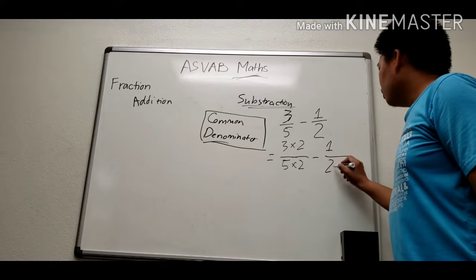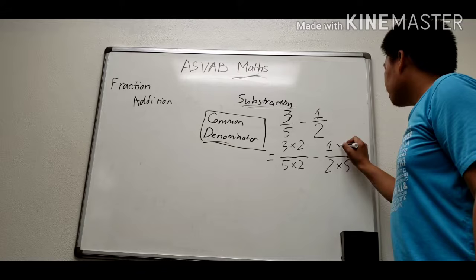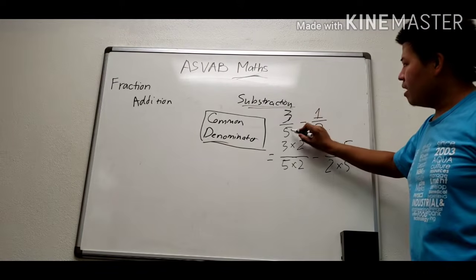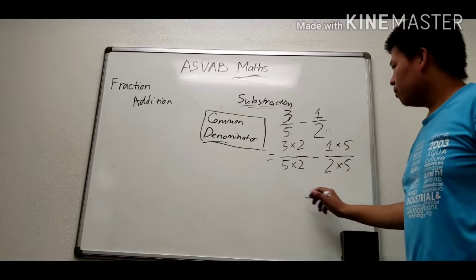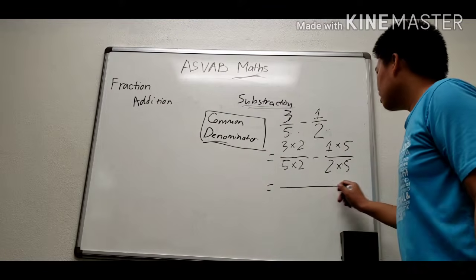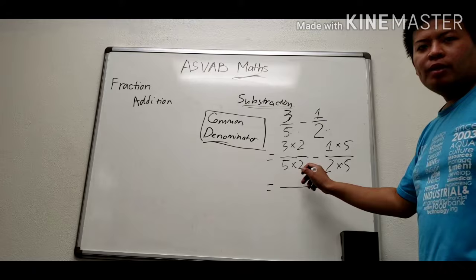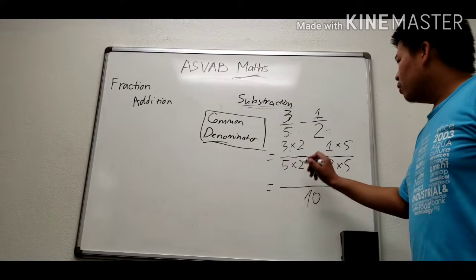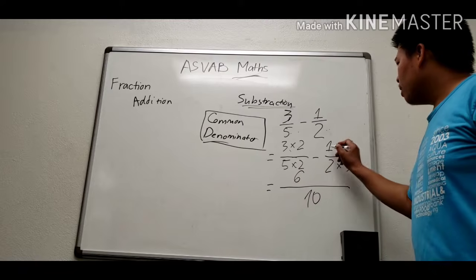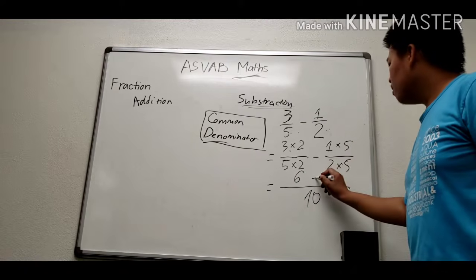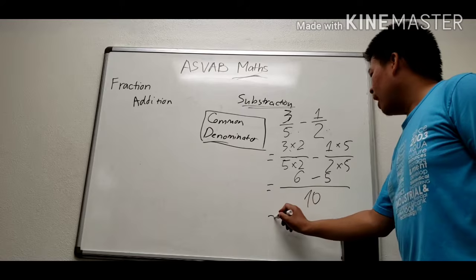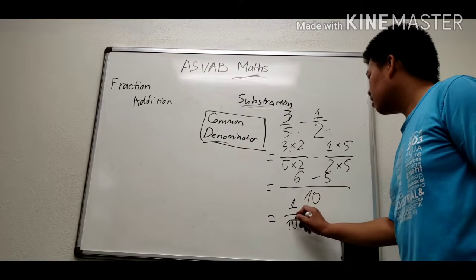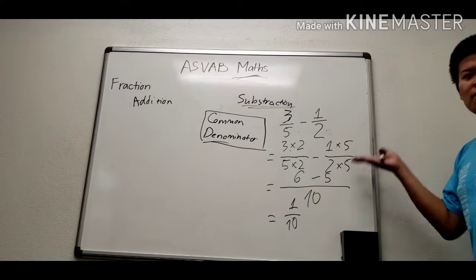We have 1 and 2: the number 2 we multiply with 5. We have 5 multiplied with 2 is 10. 3 multiplied with 2 is 6. And 1 multiplied with 5 is 5. And we got 1 over 10. So that's how we do subtraction.